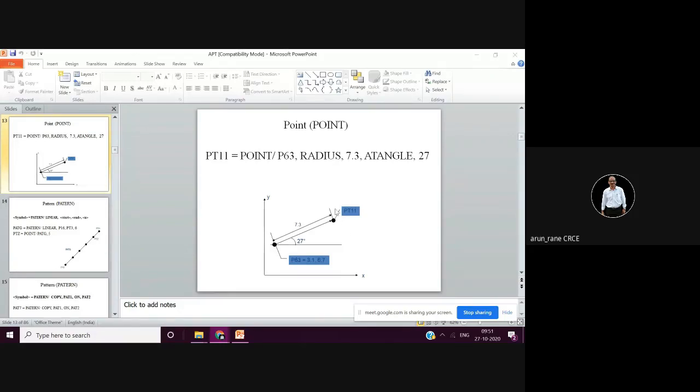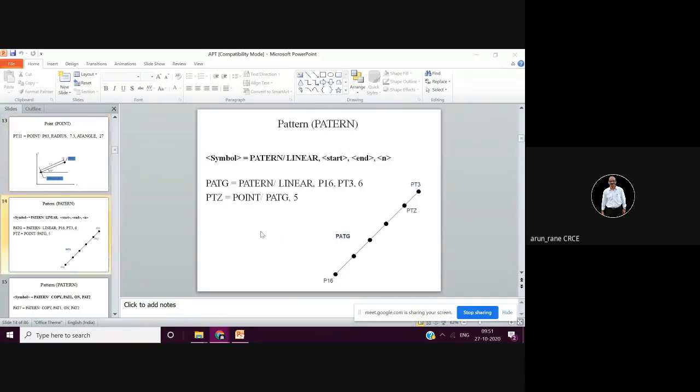This is nothing but your polar coordinate, with which you are familiar. There are three ways actually: Cartesian, polar, and exponential system of representation. So here it is polar representation. So in polar, you are giving the radius and an angle.